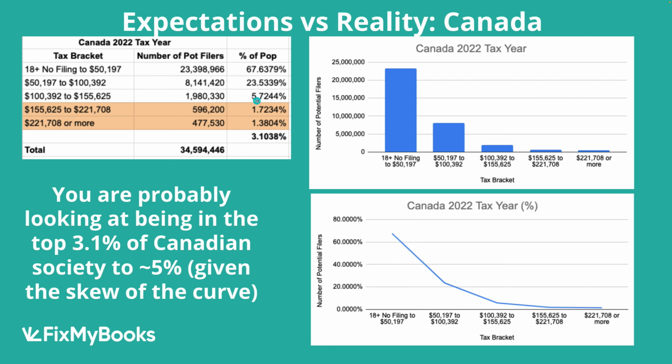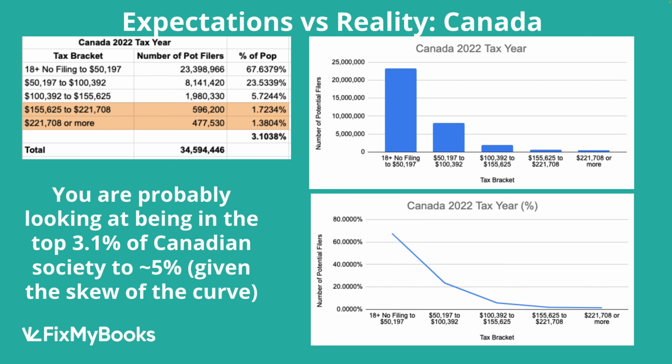Now, if you look at the skew and figure in that 140 is very close to 155 relative to 100, let's give it an extra 2% on top of that. So you're really looking at the top 5% of the country earning 140,000 Canadian dollars or more.